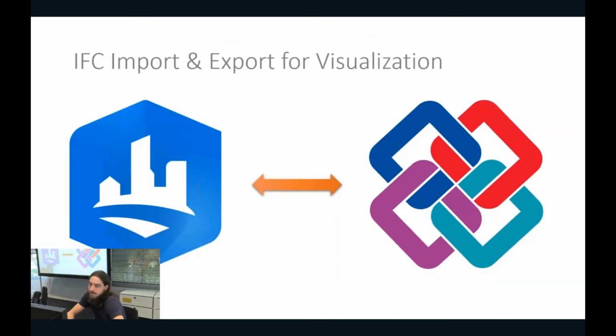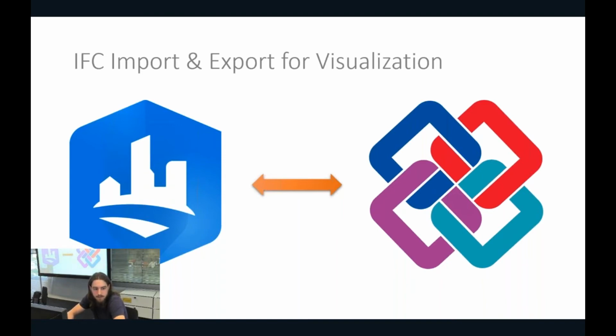Okay, moving on to the next feature, and this is something completely new in the upcoming release. Namely, we support importing and exporting files in the IFC format for visualization purposes, which means that we can read and write the geometry and color information of IFC files.